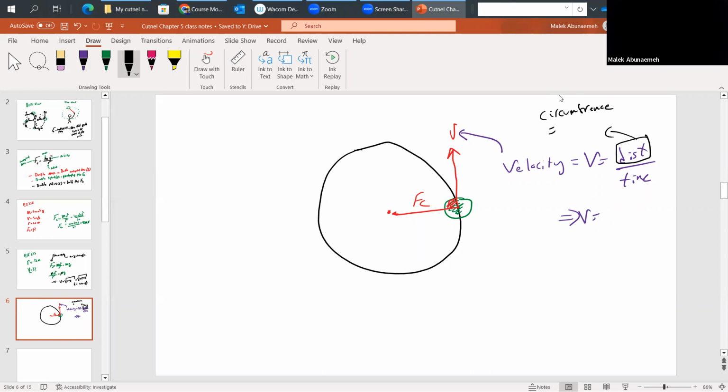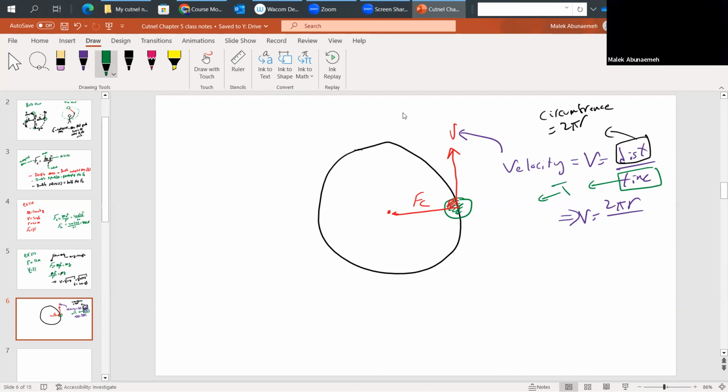Now your circumference of the circle is going to equal 2 pi r. So your v is going to equal 2 pi r divided by your time t. Now your time, we're going to give it a big letter T, which we're going to be talking about more in chapter 16 for the period.